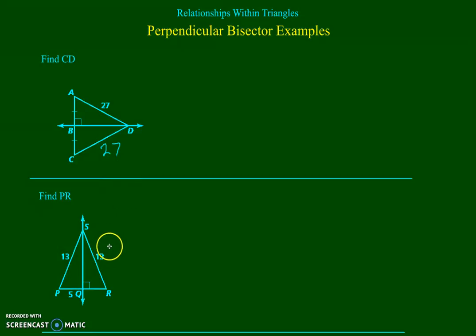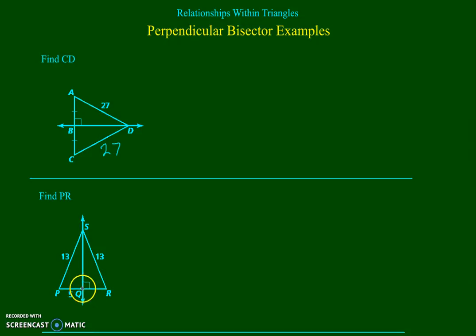Let's take a look at this next one. We have QS. Line QS is perpendicular to PR. You can see that point S is equidistant from points P and R. That means that it must lie on the perpendicular bisector of this segment by the converse of the perpendicular bisector theorem.